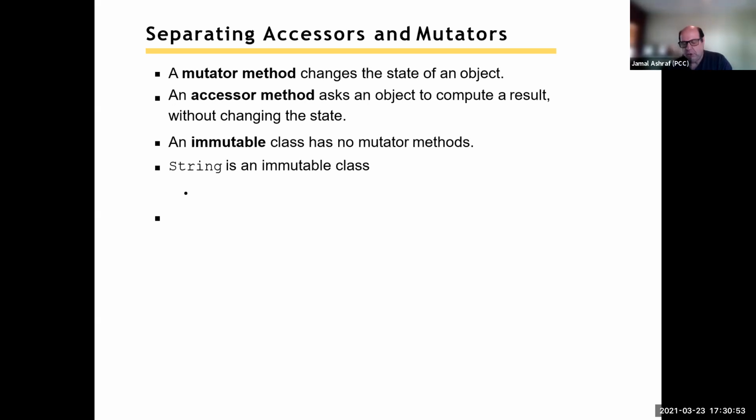And take a card, if I create a single card that has a suit and a number, that card most likely isn't going to be changed. So I'm not going to have a mutator method inside of that card class to change anything. If I don't have a mutator inside the class, that is an immutable class. That means I cannot modify the things inside of it.